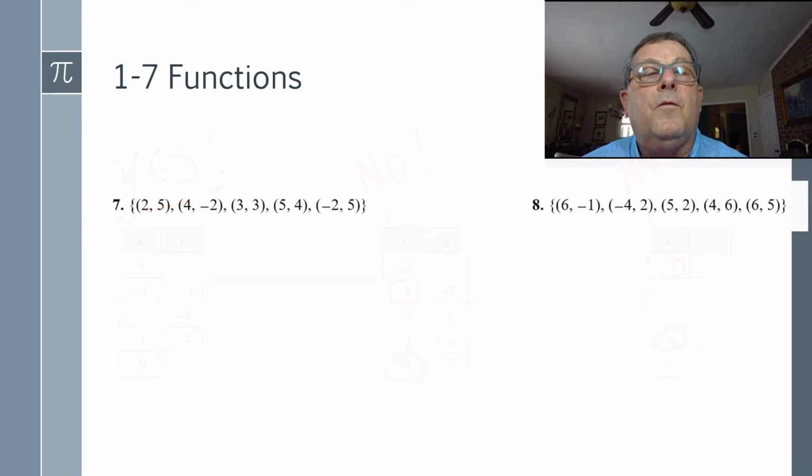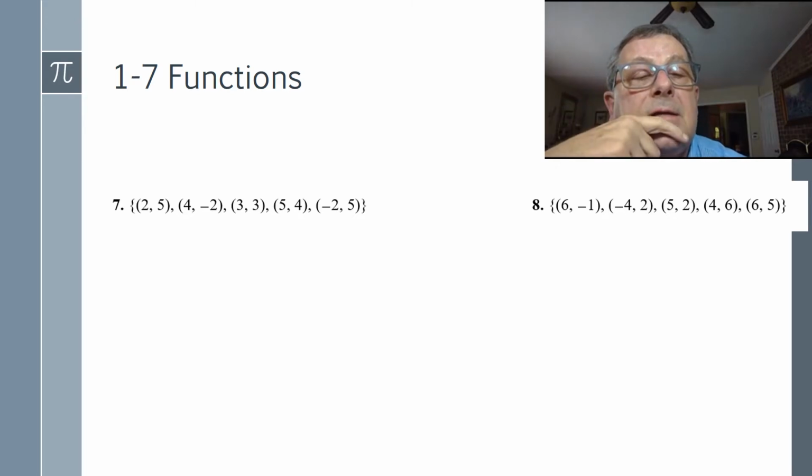Now, another way that we can look at our relations is in the case of ordered pairs. So I hope you can see these. So let's see, I've got 2, 4, 3, 5, -2.